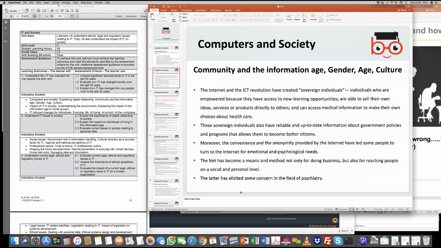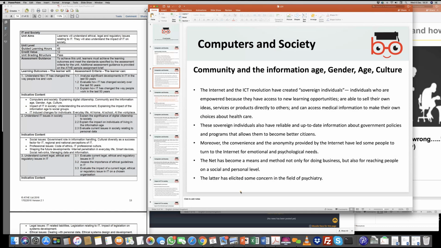Now let's look at some of the other things that we would like to look at. So let's look at the role of information. How does it relate to gender, age, and culture? Now, when we use the internet, for example, what we get to see is that no discrimination or distinction is made about who's using the internet or what you are using it for.